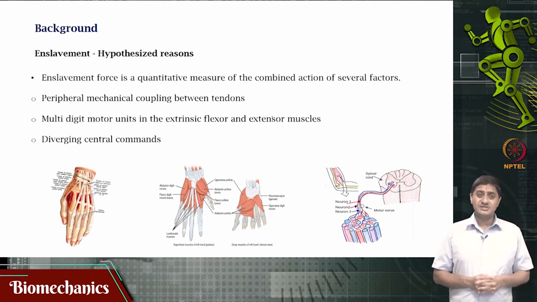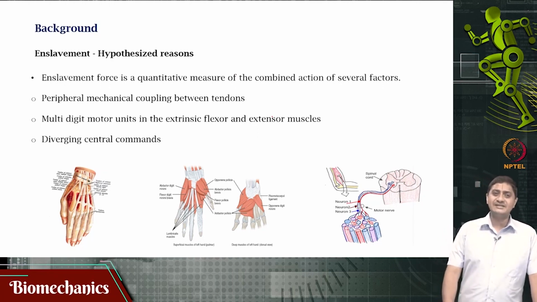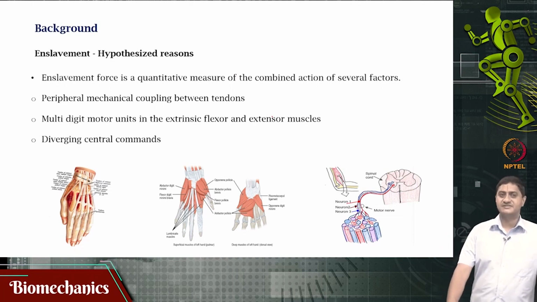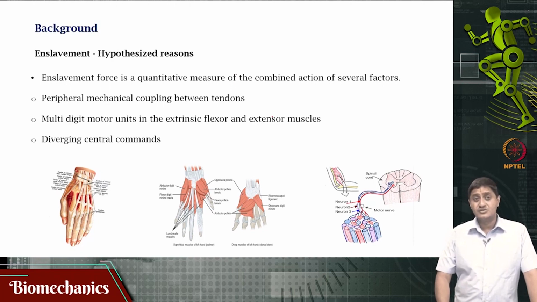The other possibility is the existence of multi-digit motor units in the extrinsic flexors and extensors of the hand. This is what is multi-digit, multi-finger. So, one motor unit is the set of all muscle fibers that are connected to a particular motor neuron.